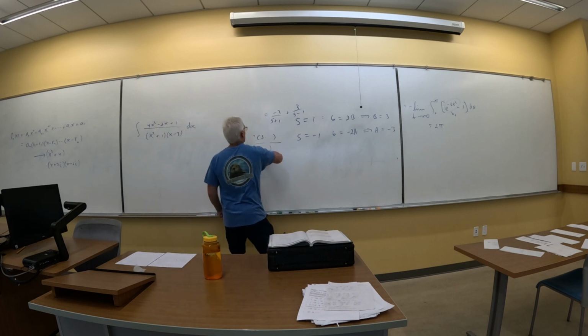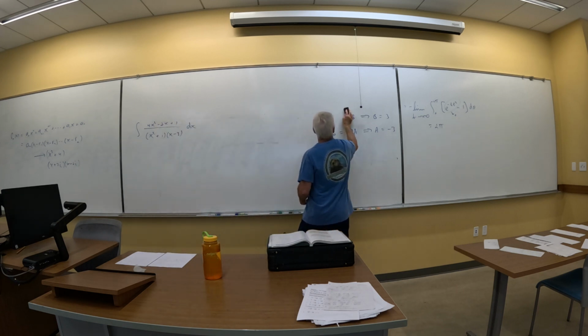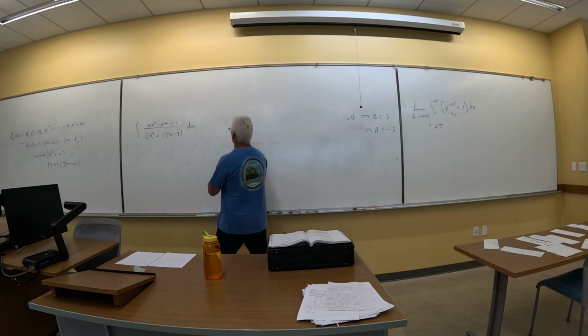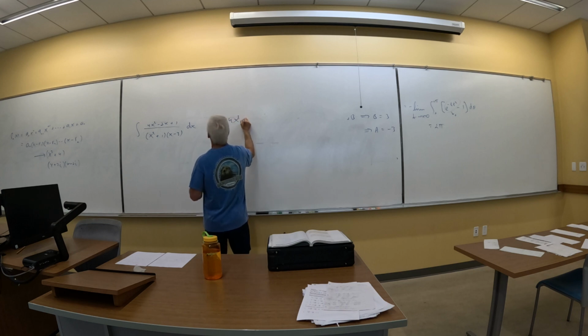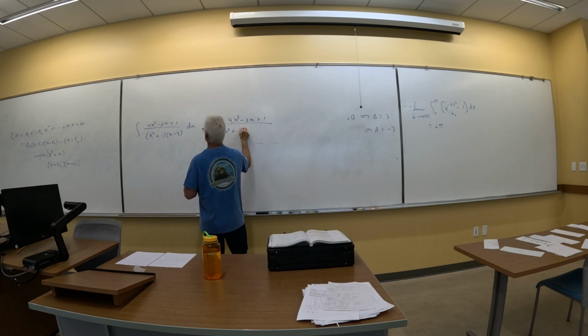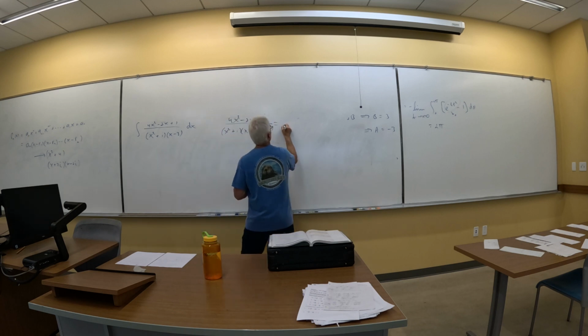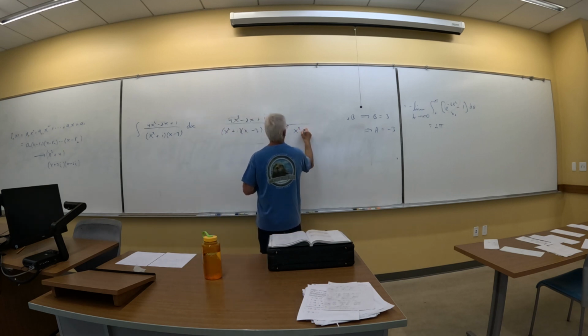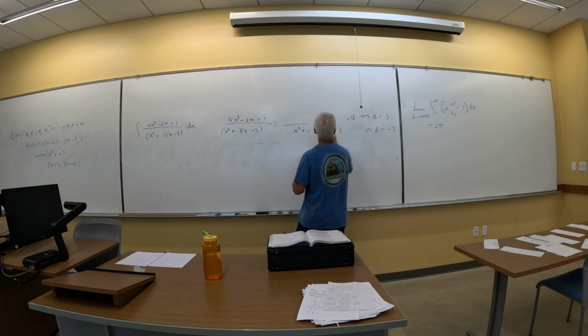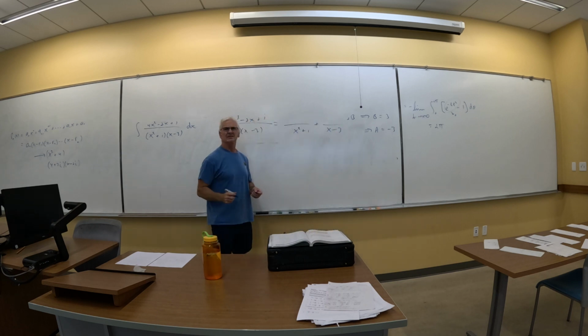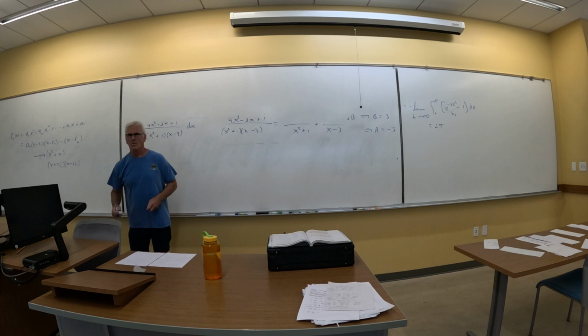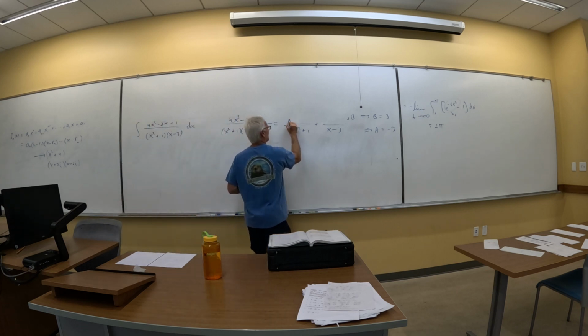So when I set up my partial fractions decomposition, that's what we just did a moment ago. Is it A and B? No, it's Ax plus B. Okay. Does everybody agree with that?